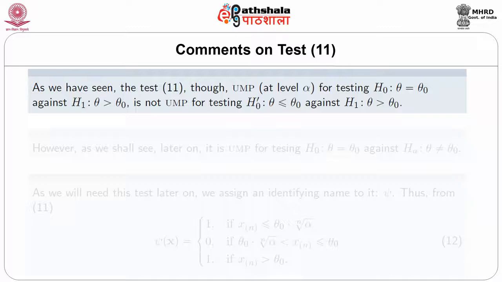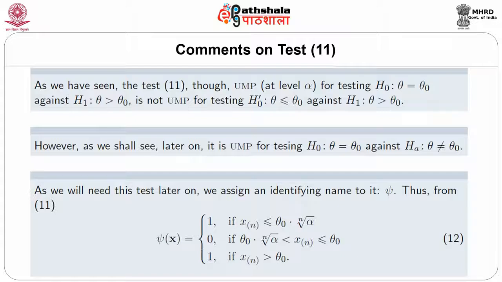In the last module, we have shown that this psi is uniformly most powerful for testing theta = theta naught against theta greater than theta naught for the uniform 0 theta problem, and we have also seen that this psi is not uniformly most powerful for testing H naught prime, theta less than or equal to theta naught, against theta greater than theta naught.